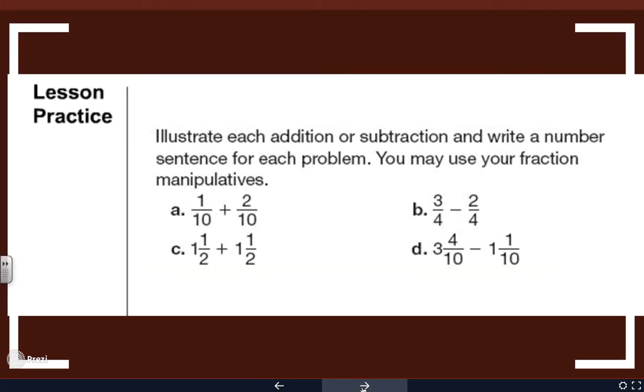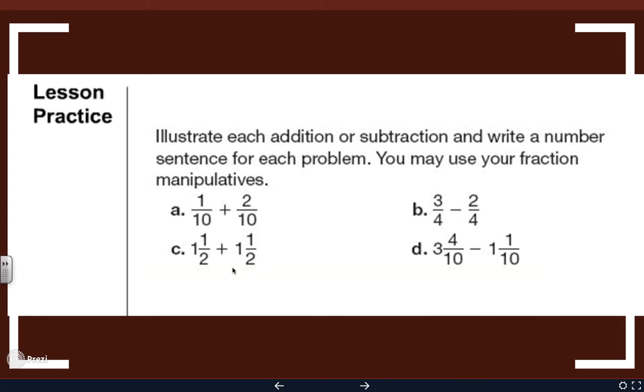All right. So not a lot for lesson practice tonight. Remember, when you are adding and subtracting fractions, you don't have to change the denominator. That does not change when you add or subtract fractions. You're just changing the numerator on top, okay?